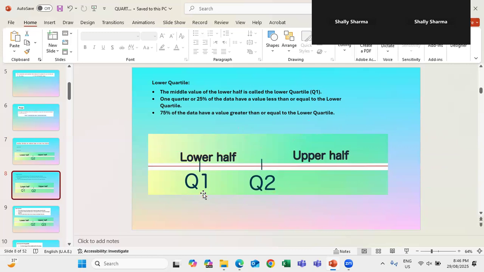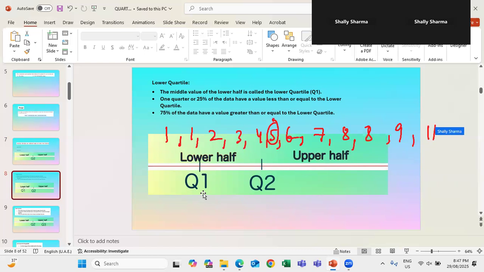So for example, I take an example, let's say 1 1 2 3 4 6 7 8 8. Here 5 is also there, because 5 is the median. So we have 1 2 3 4 5, and here let's say 9. If I say 5 is the median, these values are less than that.